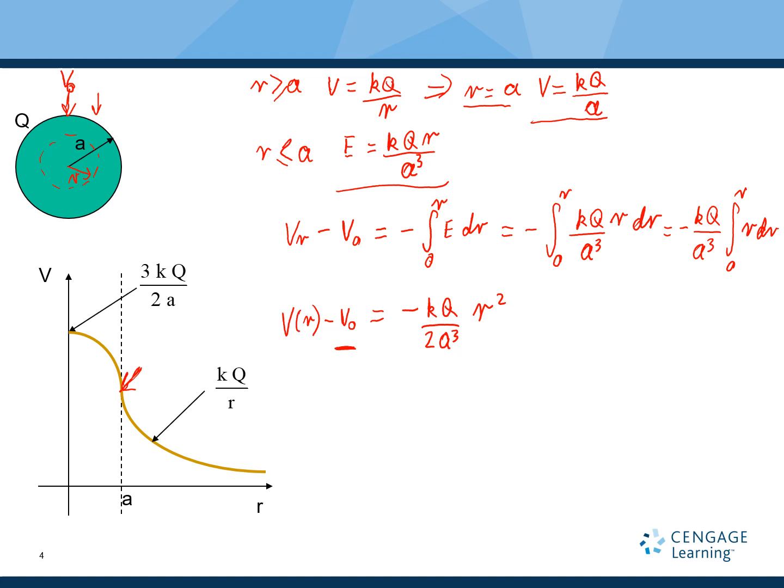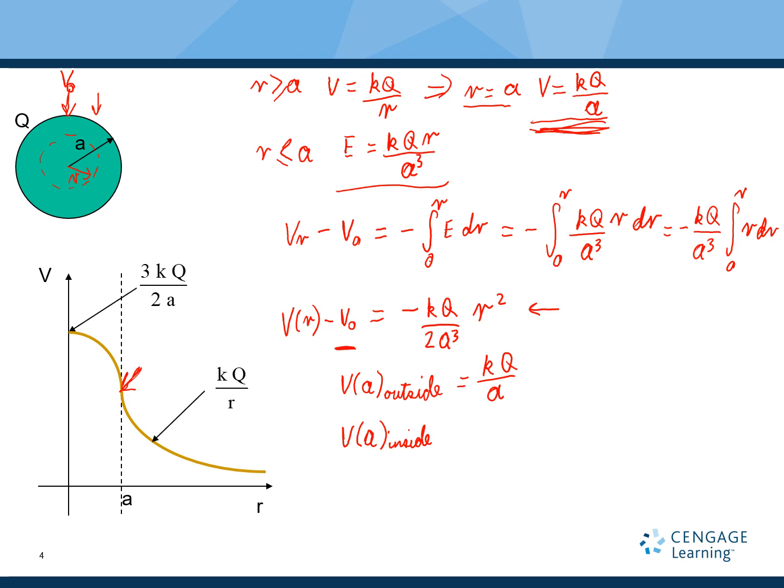So we have a situation where V evaluated at a from the outside is exactly equal to kq over a, just as we did a few minutes ago. V evaluated at r is equal to a from the inside is obtained by setting r equal to a in this formula.